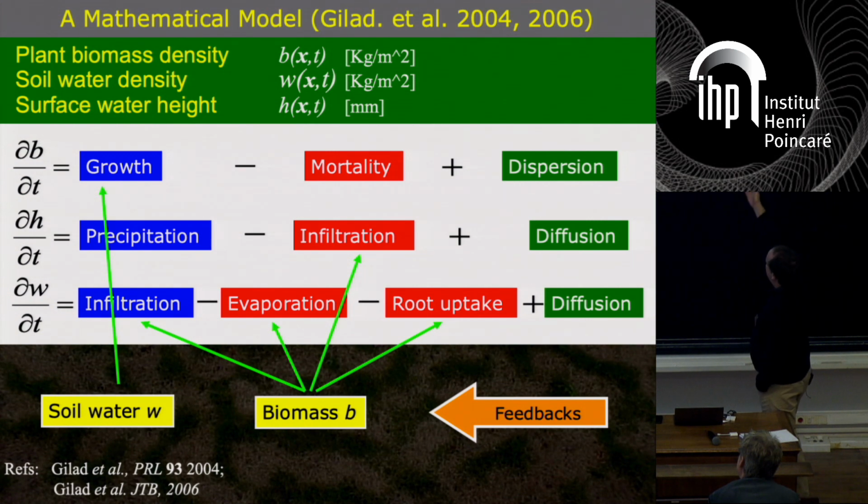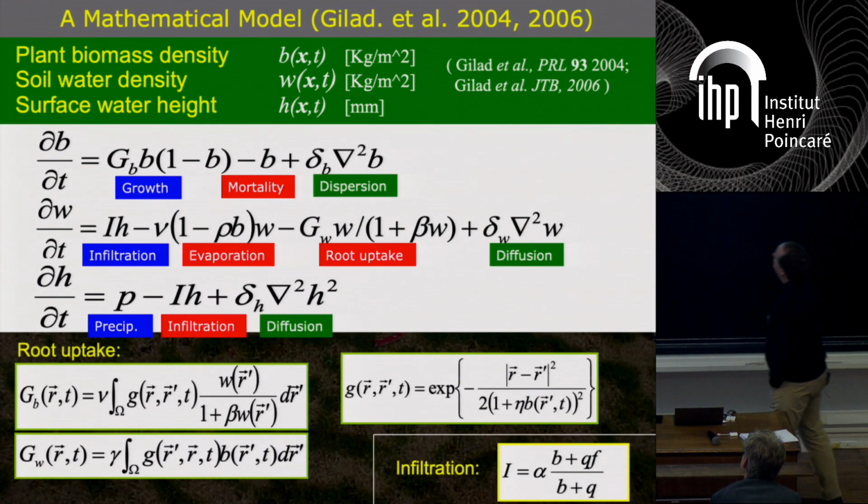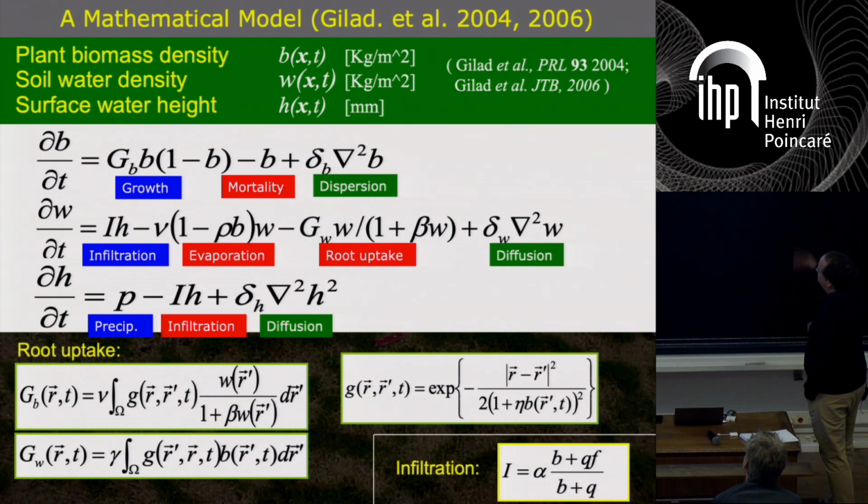Evaporation and root uptake, basically transpiration, will also be a function of the biomass itself. So if we translate this finally to a set of equations, well, this is nothing special.